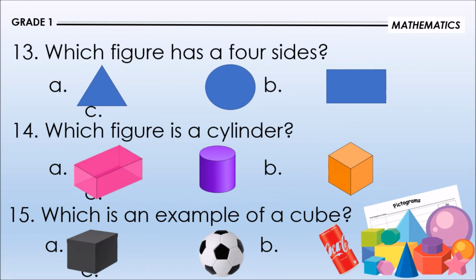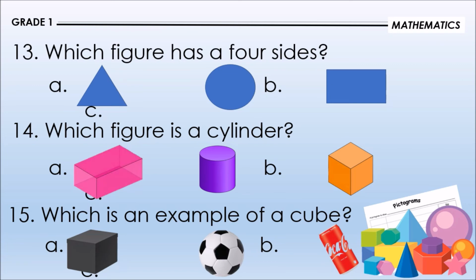Number 13, which figure has 4 sides? A, triangle. B, circle. C, rectangle. Number 14, which figure is a cylinder?